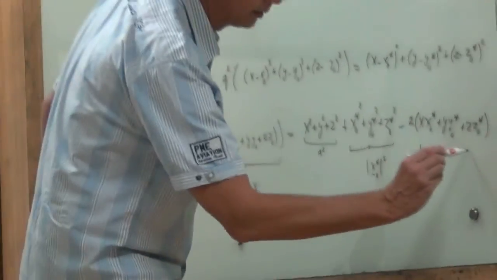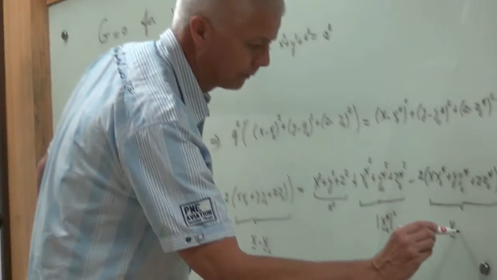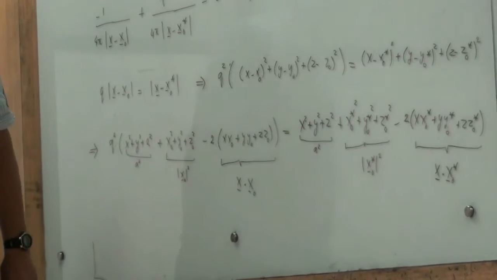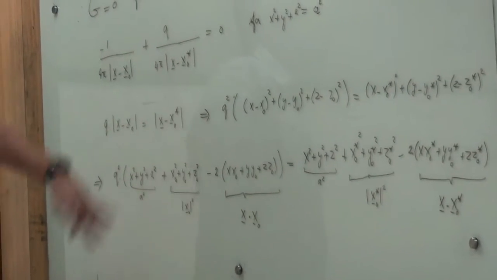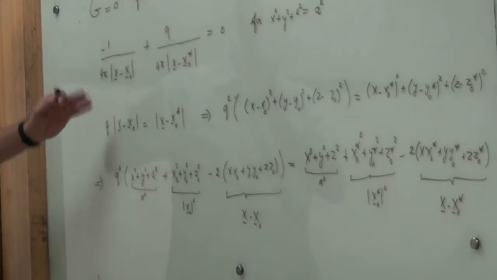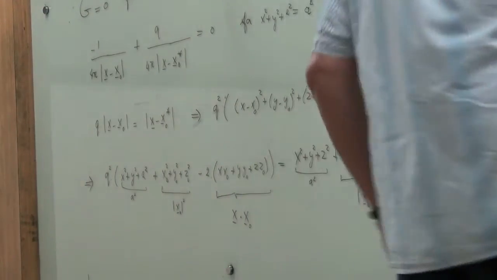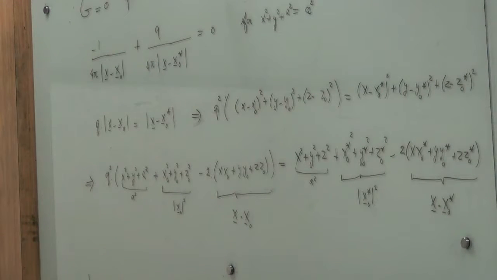Yeah, so here I have x inner product with the vector x0. And similarly, here I have the inner product of the vector x with the vector x0 star. Yeah, this has nothing to do with partial differential equations, this is just doing some nasty computations. Okay.